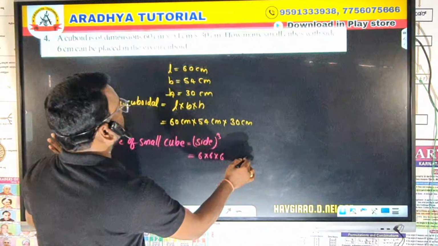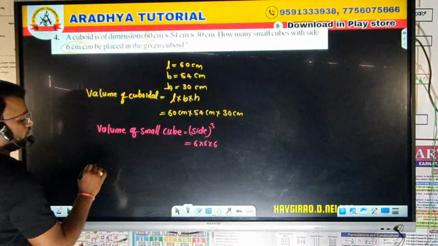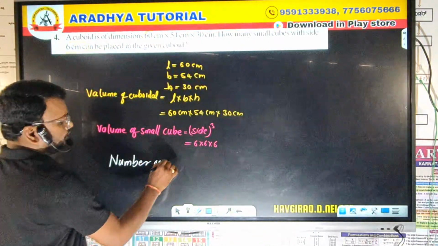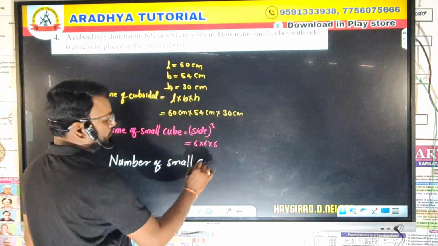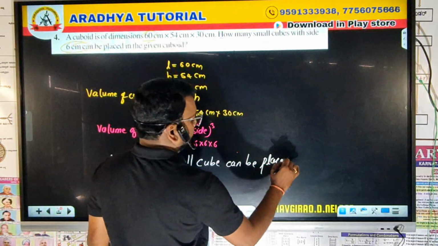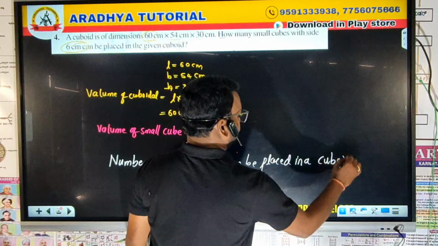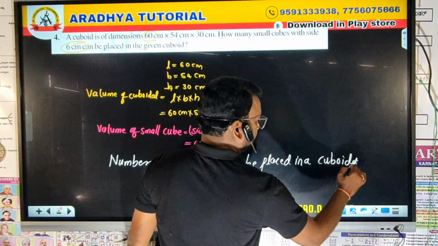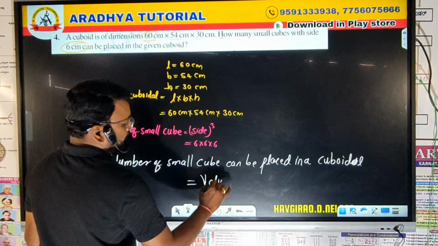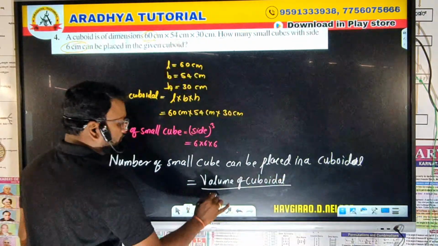Here, number of small cubes that can be placed in a cuboid is the volume of cuboid divided by the volume of cube.